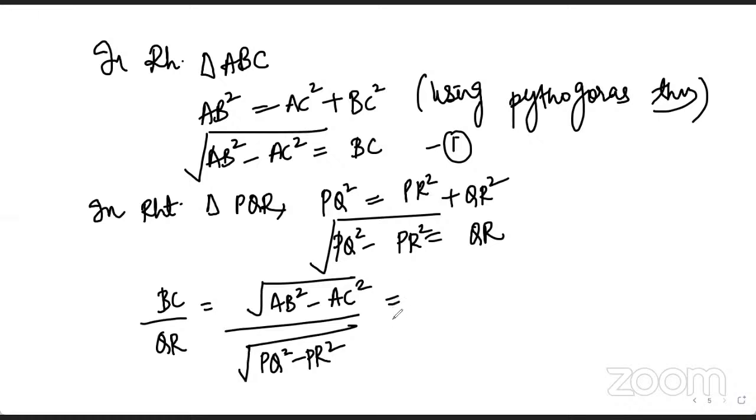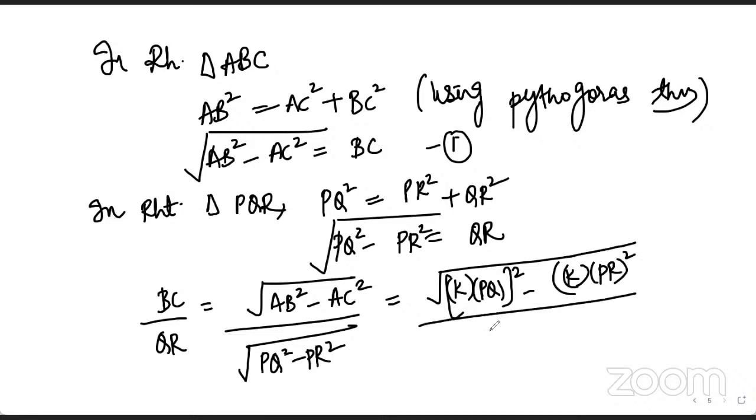Now I know that my AB is K into PQ, so this will be K into PQ whole square minus, what was my AC? AC was K into PR, whole square, divided by the square root of PQ square minus PR square. Let me just rewrite it.